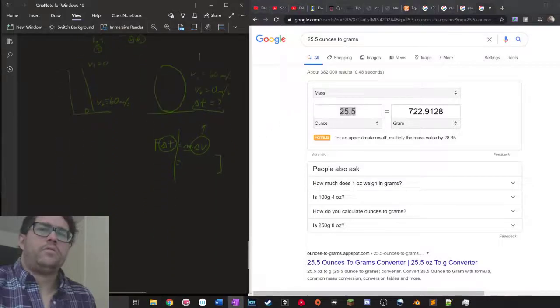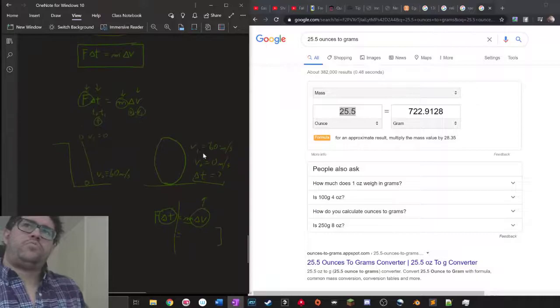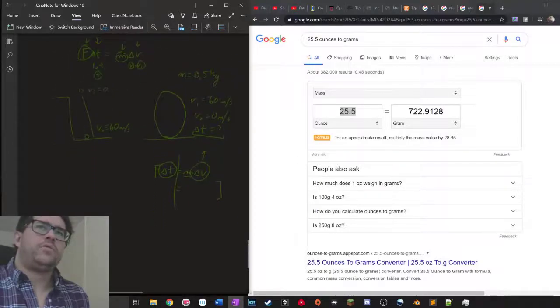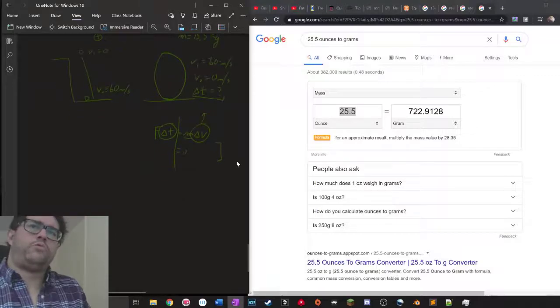So imagine a mass of, let's just say 0.5 gram, because this is a big egg. I want a smaller egg, and I want easy numbers. It's an example. 0.5.